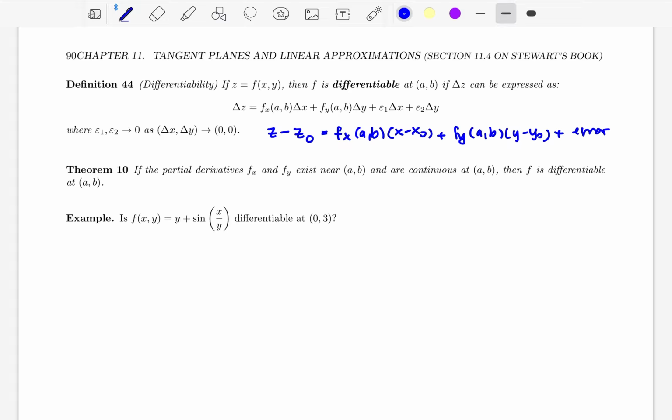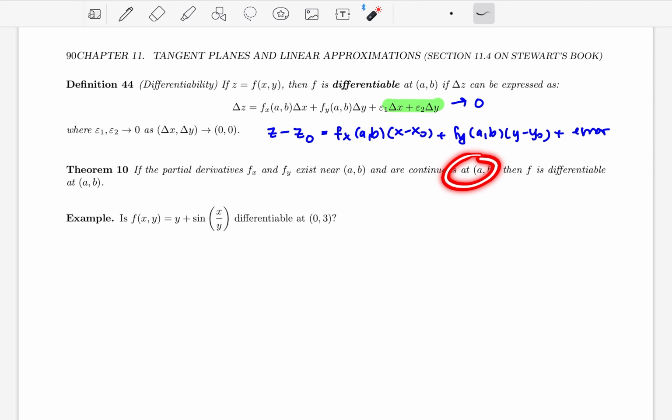That's what it says. And I need that error to be super small. It has to go to 0 for this to be a good approximation. So what this is saying is, if my partial derivatives exist near a, b, and we saw that they must be continuous, it's not enough to exist.